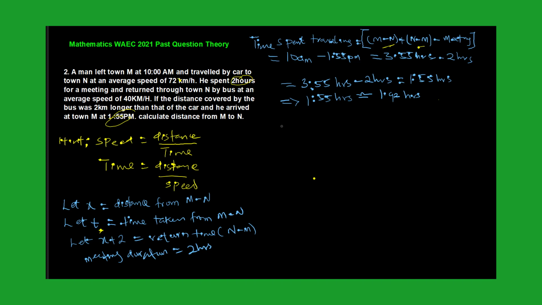So it will be T equals X all over 72. Remember, T is the time taken, while X is the distance, while 72 here is the speed.